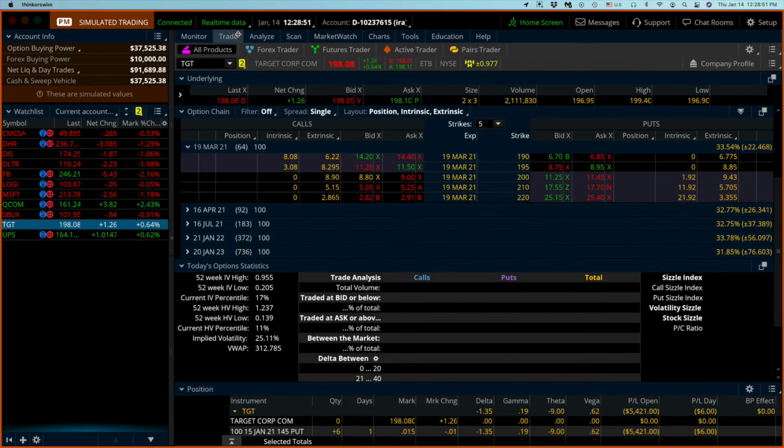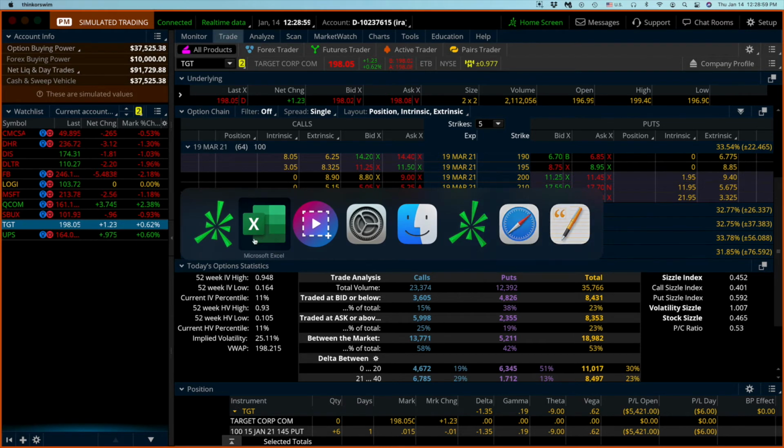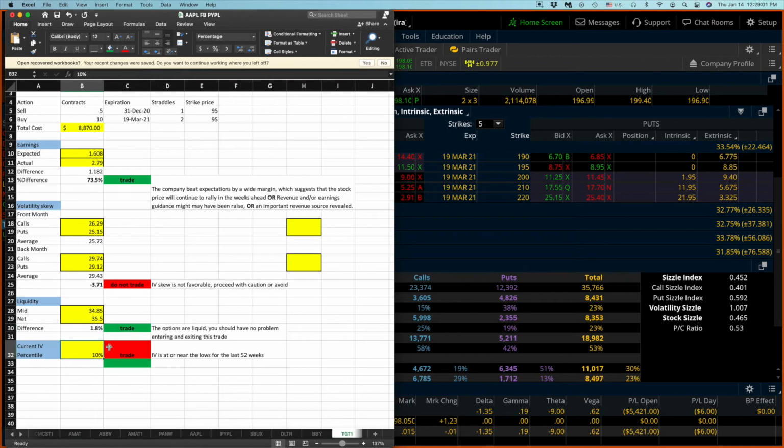Let's go to the trade tab and today's options, and it says 11%. Yeah, that looks great, 11%. And it says trade, so that goes green. Only the skew is a little more than I would normally trade, but everything else looks great.